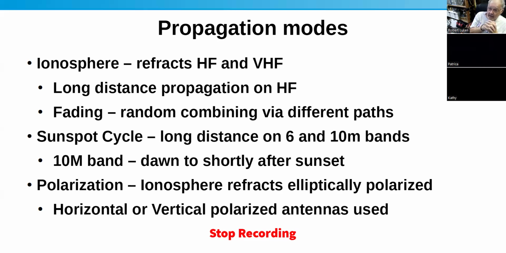When you're down in the HF band, when you're getting refraction off of the F1 and F2 layers, you can get halfway around the world, and actually, in some cases, you can go all the way around back to yourself and hear your echo. So you can get very long distances down in the HF frequencies.